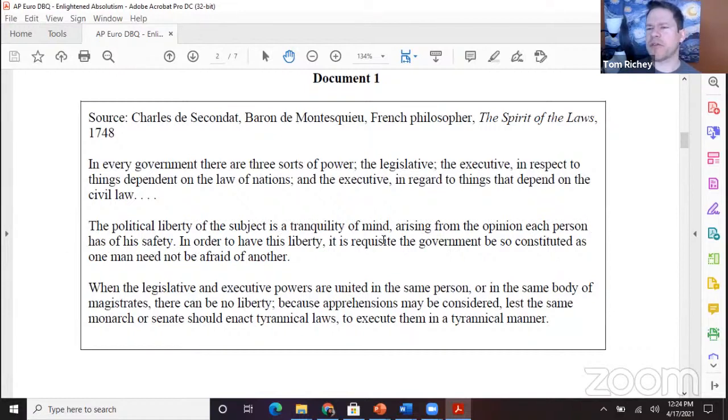In order to have this liberty, it is requisite the government be constituted so as one man not be afraid of another. When the legislative and executive powers are united in the same person or in the same body of magistrates, there can be no liberty, because apprehensions may arise lest the same monarch or senate should enact tyrannical laws to execute them in a tyrannical manner.